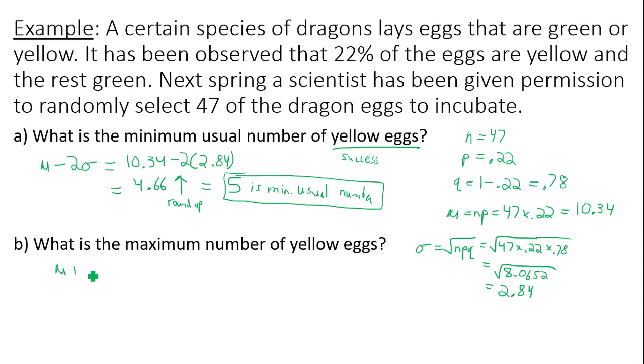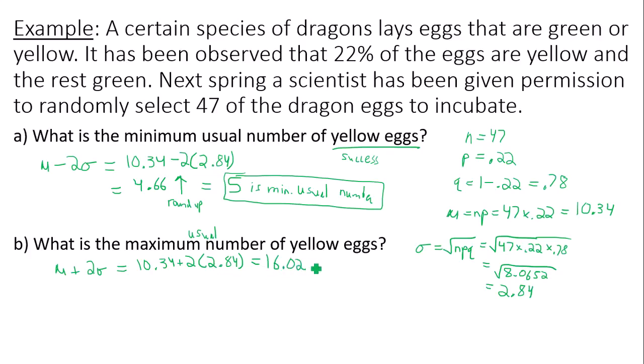Alright, next. Maximum number of yellow eggs, usual number of yellow eggs. Alright, so maximum usual number. I have 10.34 plus 2 times 2.84, which I believe that's going to give you 16.02.